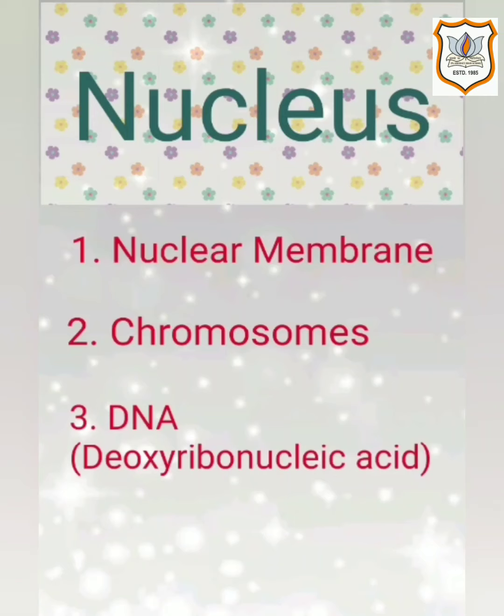So let us discuss some important points regarding the nucleus. The nucleus has a double layered covering called the nuclear membrane. Just like the plasma membrane, the nucleus also has a membrane. The nuclear membrane has pores which allow the transfer of material from inside the nucleus to its outside, that means the cytoplasm. We will discuss it later on.